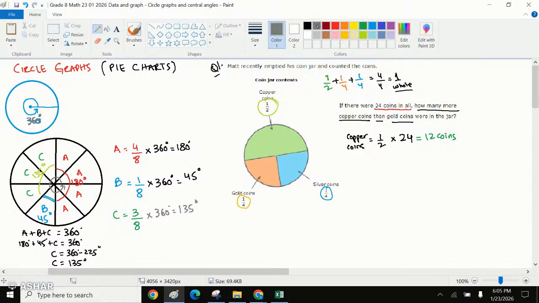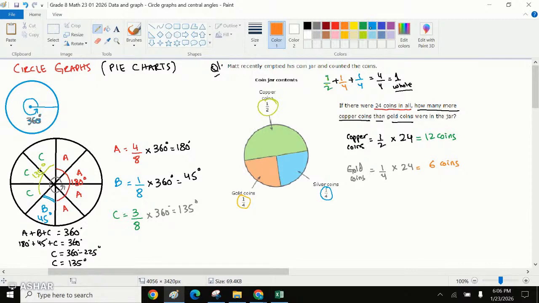Then we see gold coins. How many gold coins were there? Gold coins were 1/4 of the total. That means gold coins come out to be 6 coins. Agreed? So we need to find the difference between the gold coins and the copper coins, right?